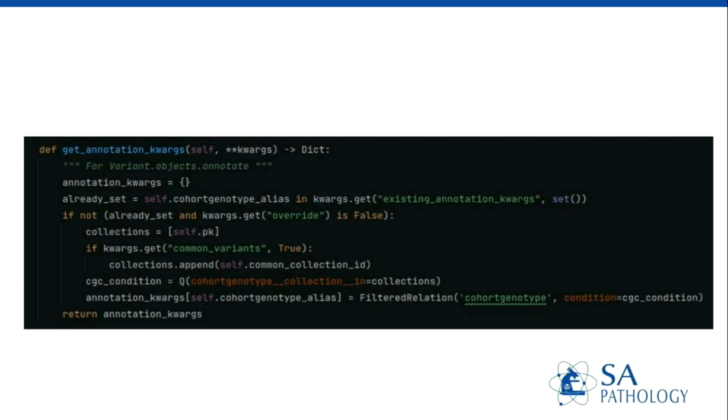Here's an example where at the start, collections is the name of the partitions that we're after. We always apply the rare one, but if someone asks for common variants, which means they haven't applied the population filter, then we also include the common collection, which is like 20 times as big. Then we do a filtered relation, which is Django's way of joining to a table with a constraint.